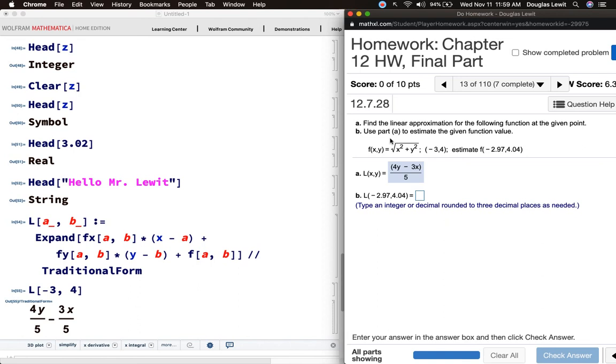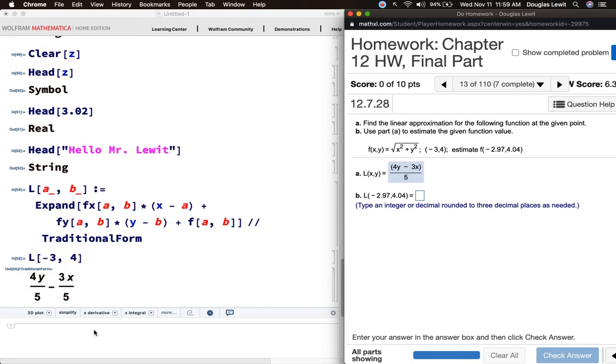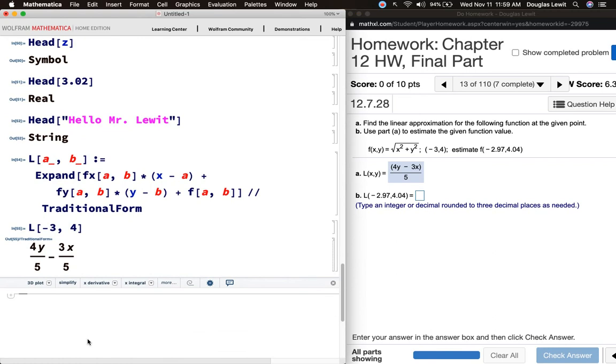Okay, now we're going to use part B. It says here use the answer to part A to estimate the given function value. Well, that should be easy. Let me put my cursor back into Mathematica. 4 times y minus 3 times x divided by 5, where x is replaced with -2.97 and y is replaced with 4.04.